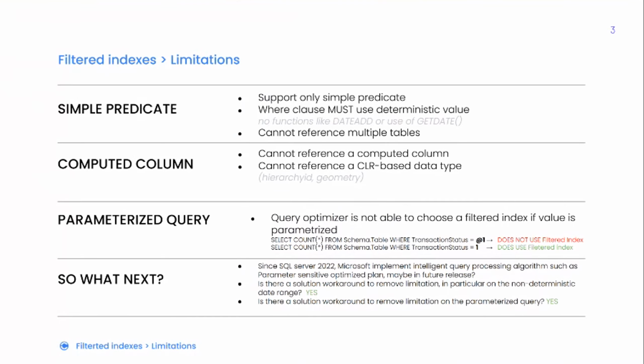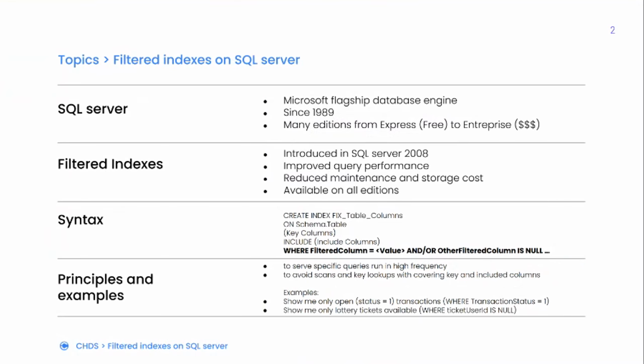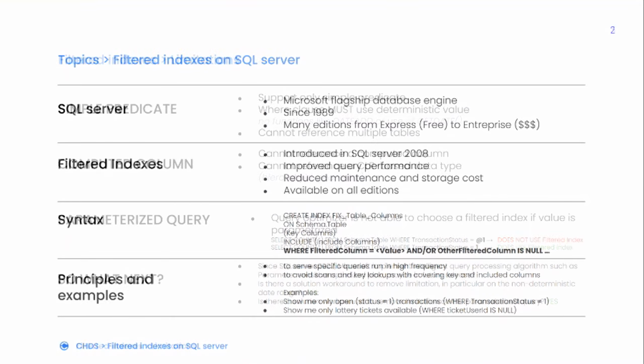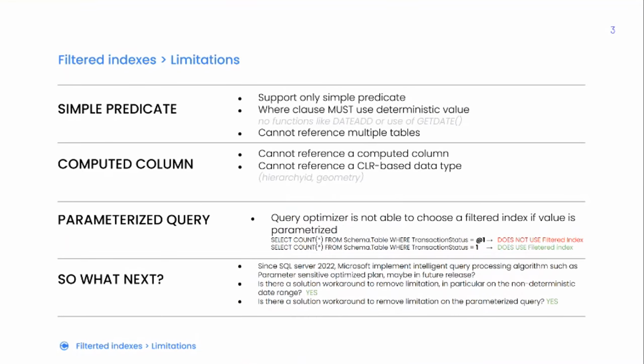What are the limitations of a filtered index? It only supports simple predicates. In the where clause, if you remember, it's like where column A equals a value and or column B equals another value. Those are simple predicates: equal, is null, greater than, less than, that's it.